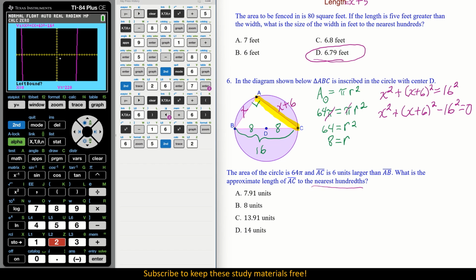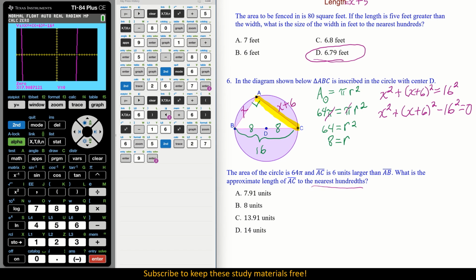Somewhere from 7 to 9, maybe. Let's just say 7 on the left, and on the right, let's guesstimate at 9. And then let's push enter again. And lo and behold, it gives us a reasonable answer. It says x equals 7.91.